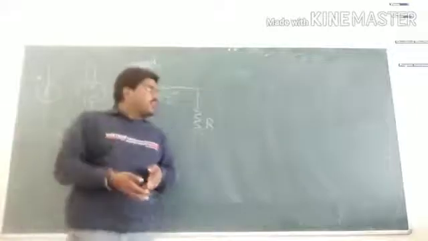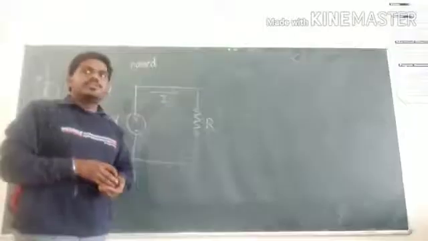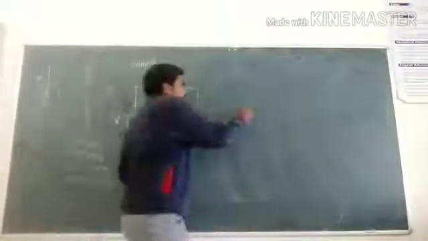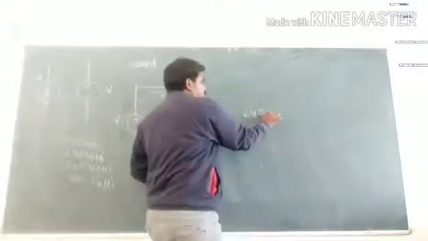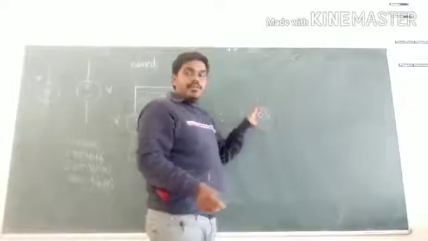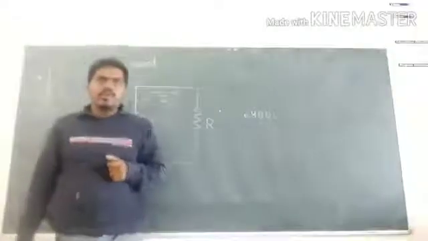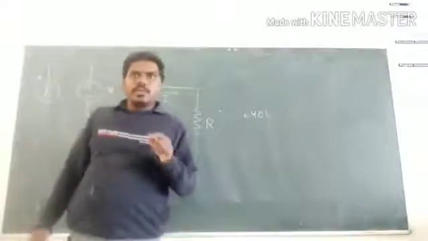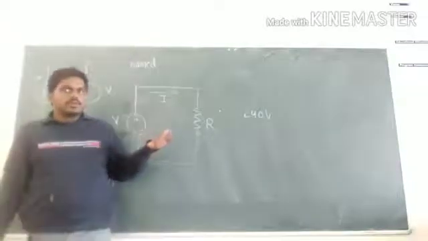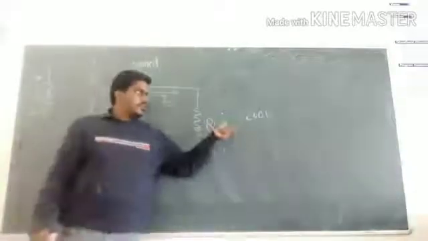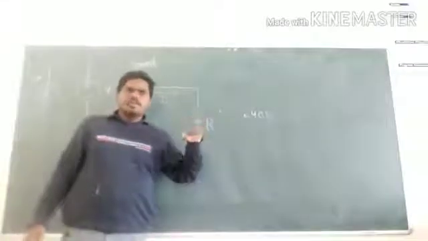Let's suppose my rating is 240 volts. Nominal means it is not exactly 240 volts. It can vary, plus or minus of that 240 volts. A 240 volt circuit may not be perfectly 240 volts. It can range from 245 or 235, something like that.